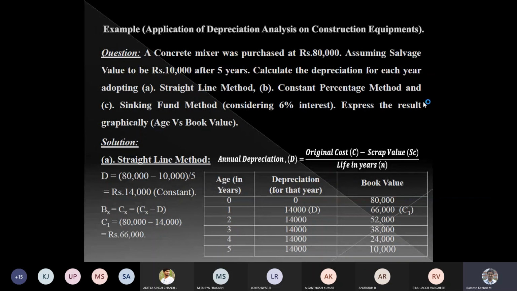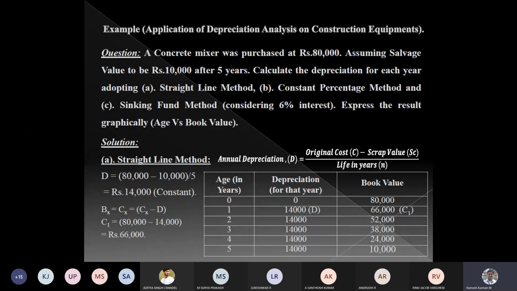So probably you can calculate the depreciation here. Very importantly, in the straight line method, we'll be finding depreciation first, then we'll end up with the book value. Can you take a look at this? Probably it's self-explanatory. The first is 80,000 minus 10,000 divided by 5.